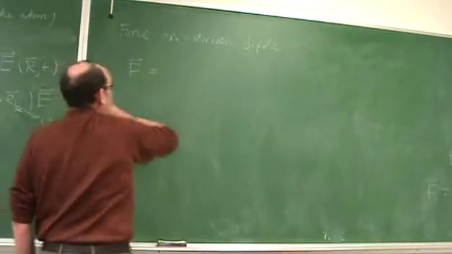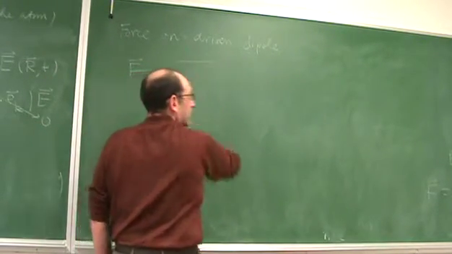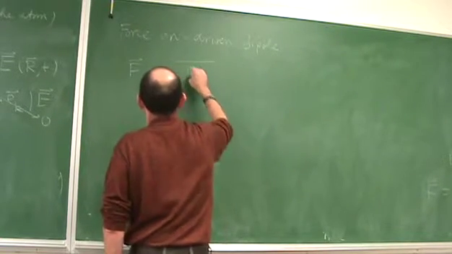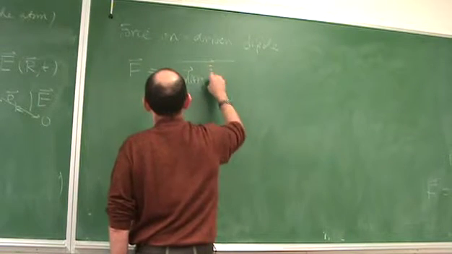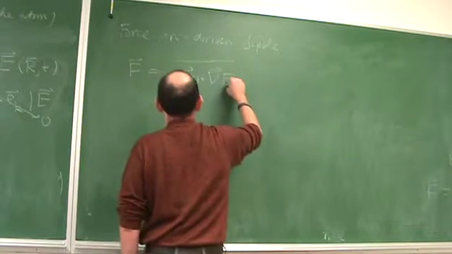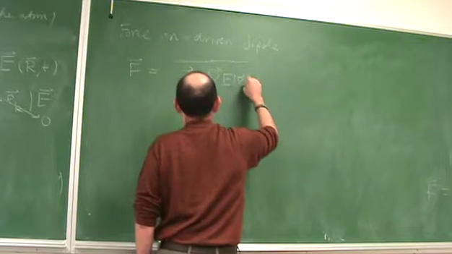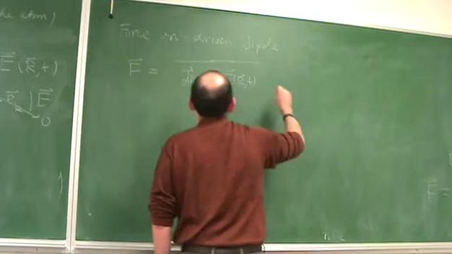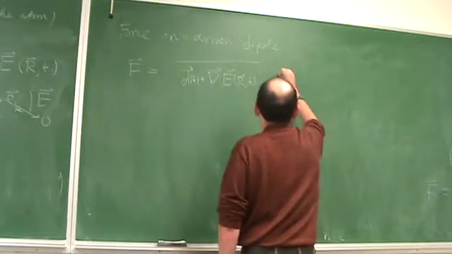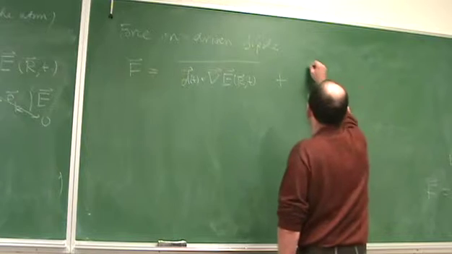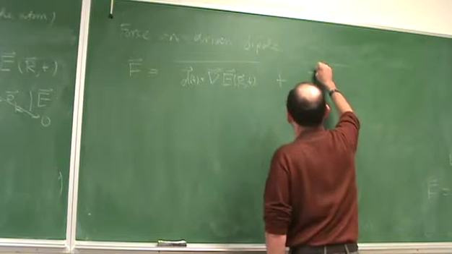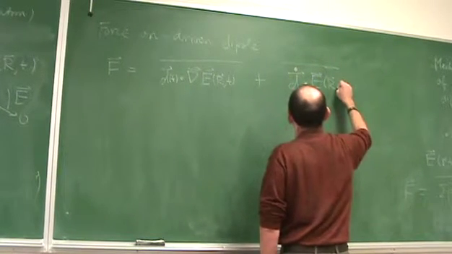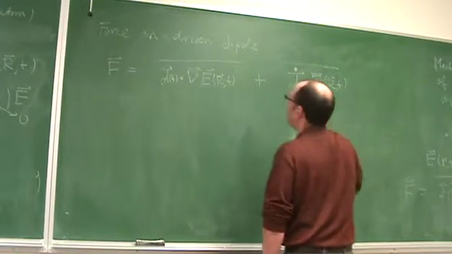We have the time averaged d as a function of time dotted into the gradient of the electric field as a function of position, plus the time average of d dot dotted into the electric field as a function of position over c.